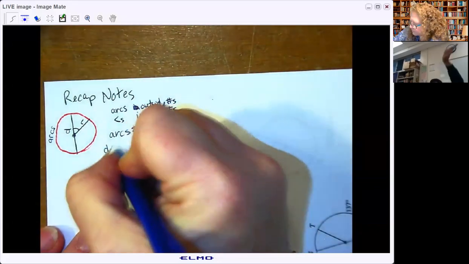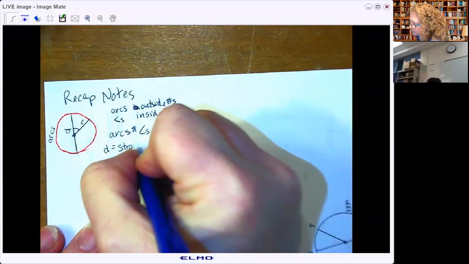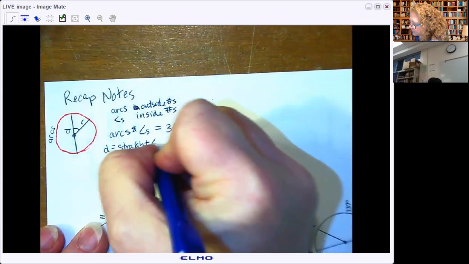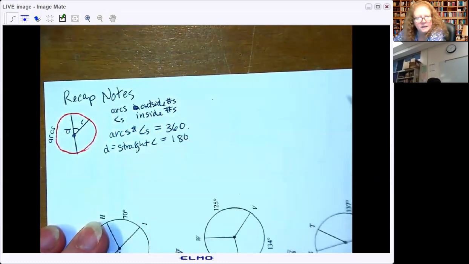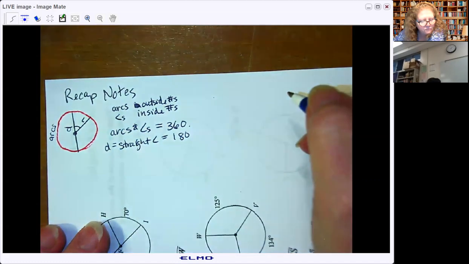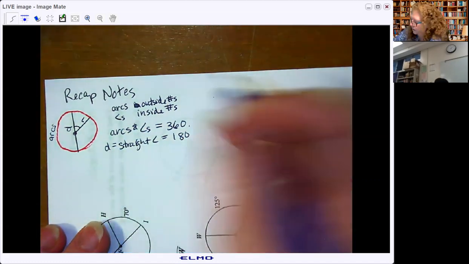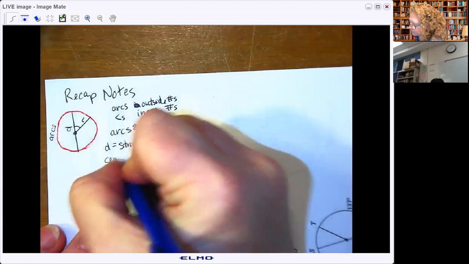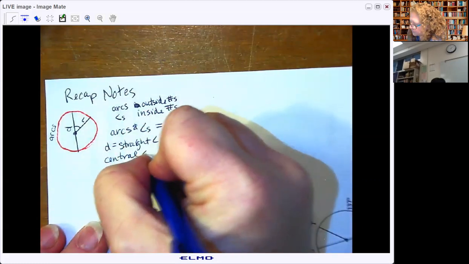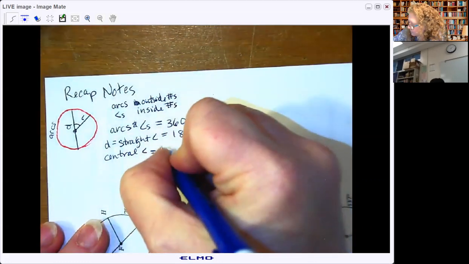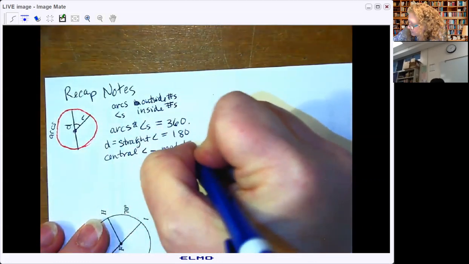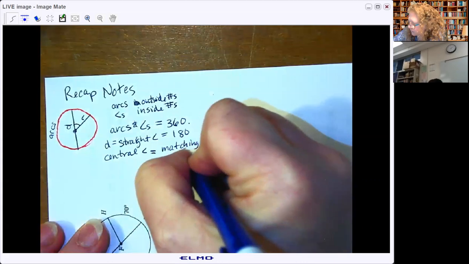The diameter, which is a straight angle, is equal to half a circle, which is 180. Your central angle, the one at the center, is going to equal the matching arc.